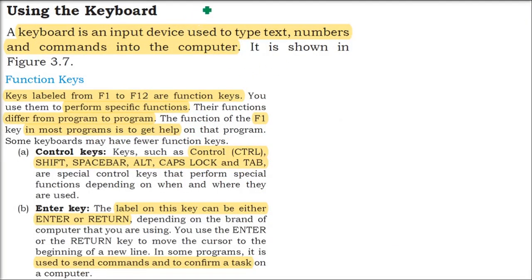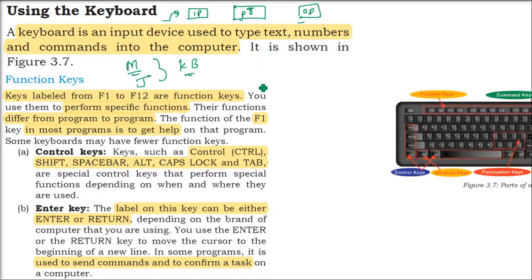Keyboard. If I give you the schematic of a computer or any computing device, there are three key parts. One is input, one is output, and the middle one is processing. Until you give any input, what is the use of output or processing? There are certain ways in which you can give input: through mouse, joystick, and the most common one is the keyboard.